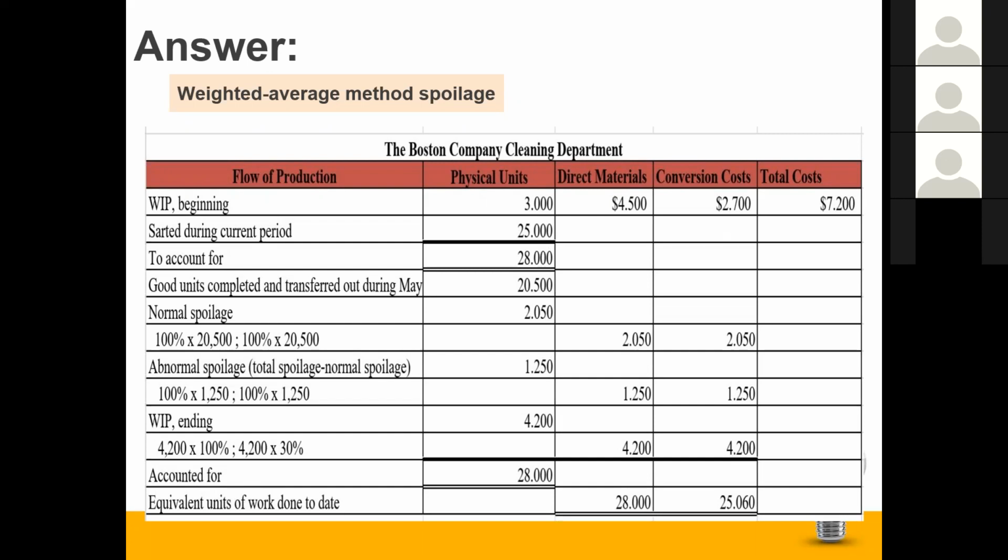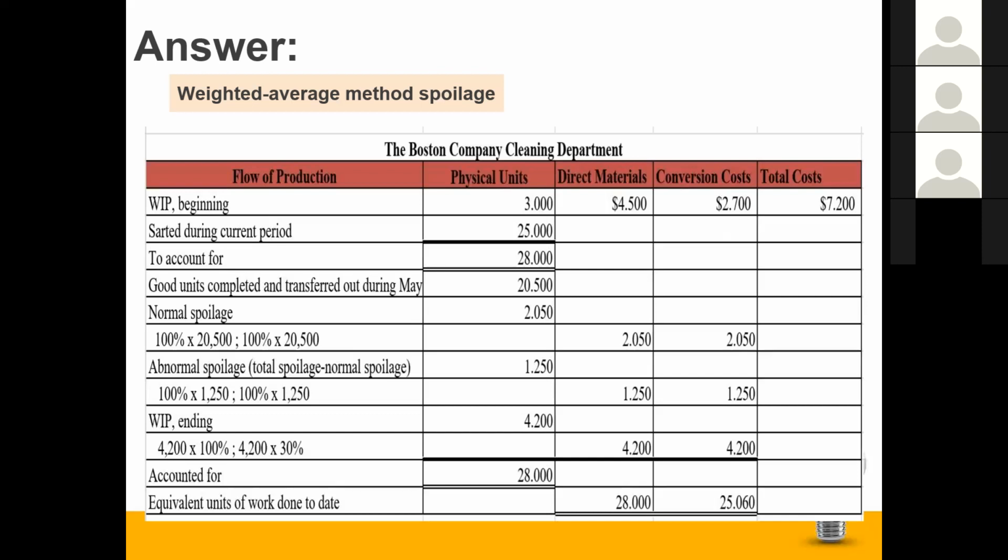Total cost is $7,200. Started during current period, physical unit is 25,000. Units to account for, the WIP beginning plus started during current period, is 28,000. Good units completed and transferred out during May is 22,500.